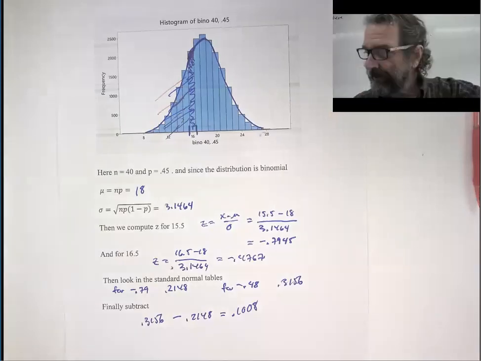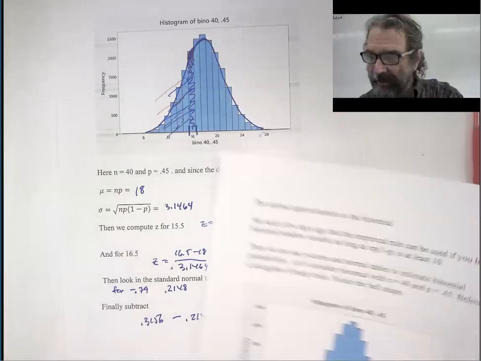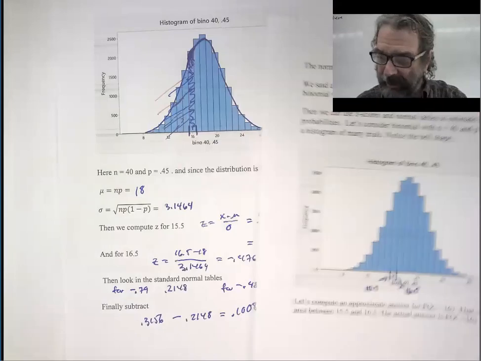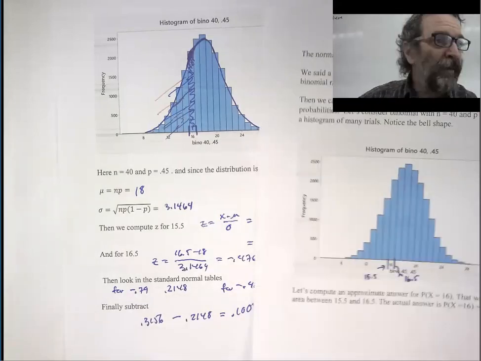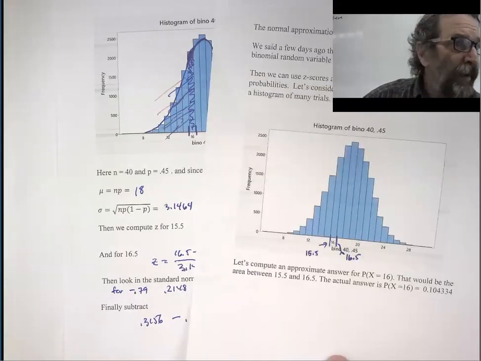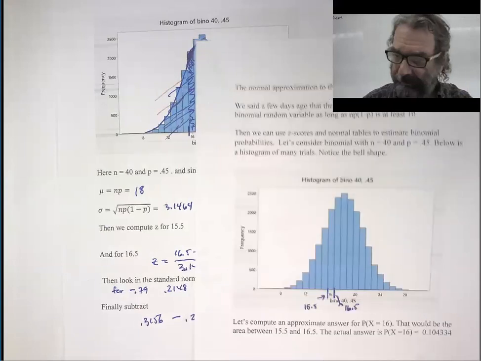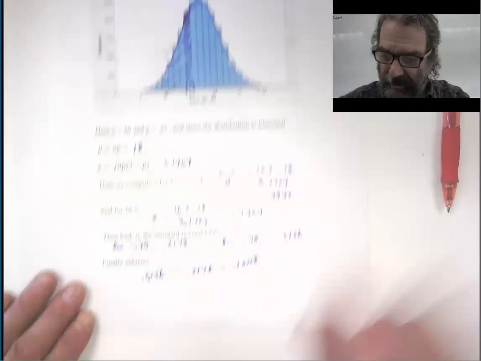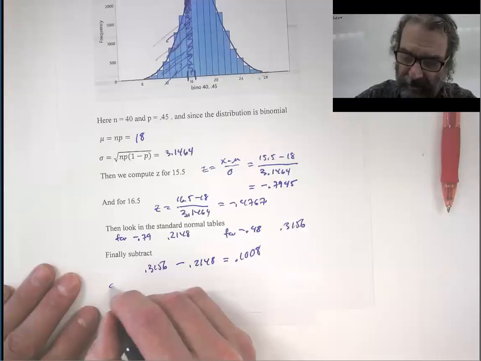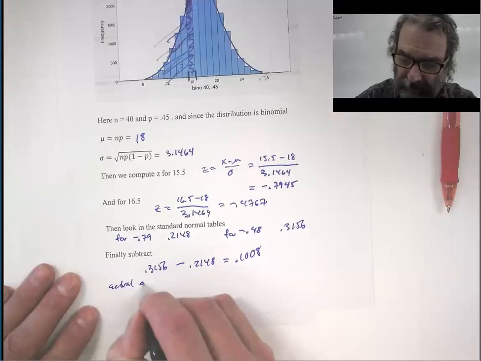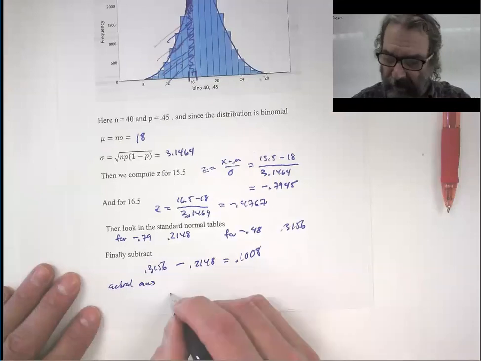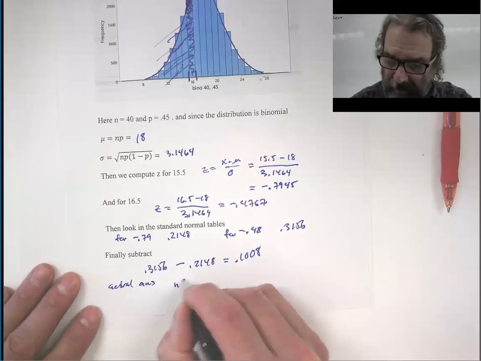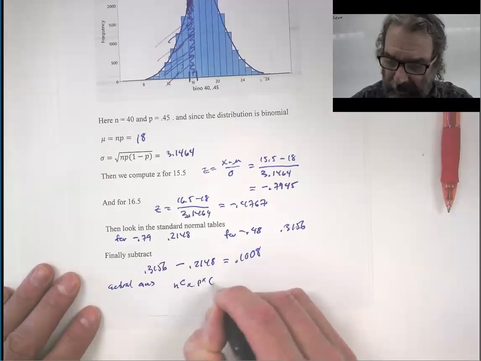I used the formula to get the exact area, and I got 0.10433. Let's go ahead and do it right here, though, just for grins, since we're here. The actual answer, it's nCx p to the x, (1 minus p) to the n minus x.